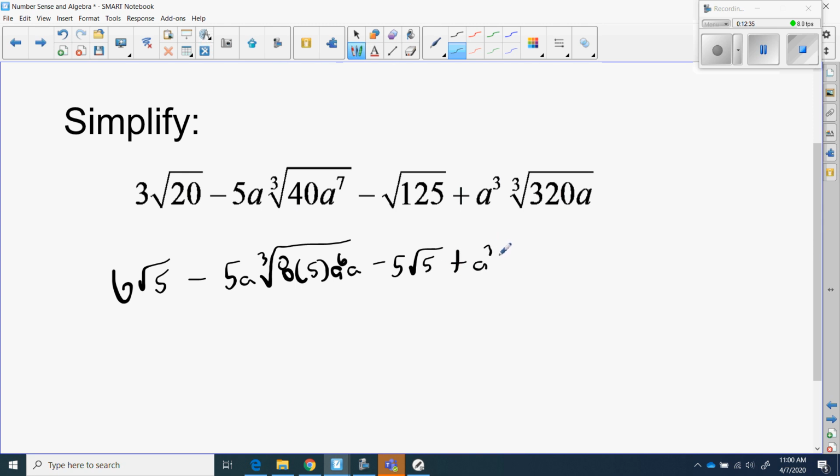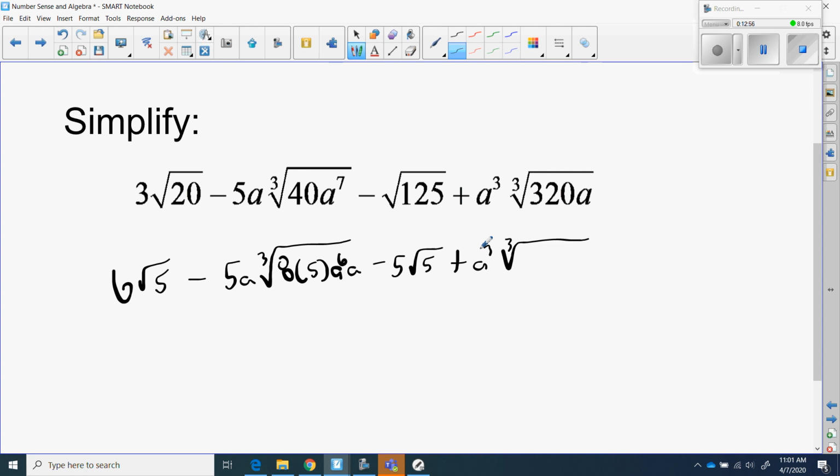This one here I'll write out again just because of the variables. I find it easier if we can see what we're doing. Cube root of 320. So I need to find the biggest perfect cube that goes into 320. So it definitely goes by 8. 320, if I divide it by 8, goes 40 times. But 40 is also still divisible by 8.